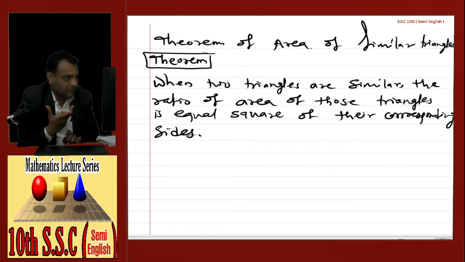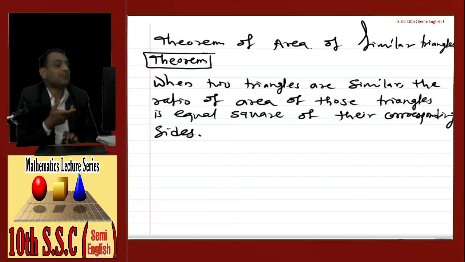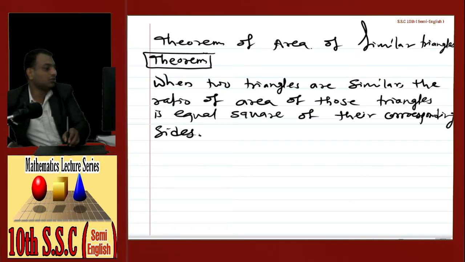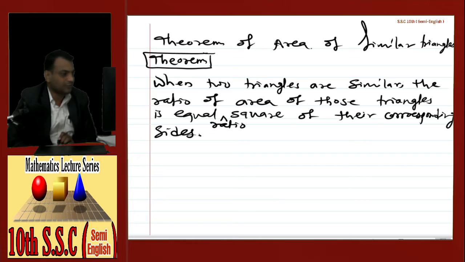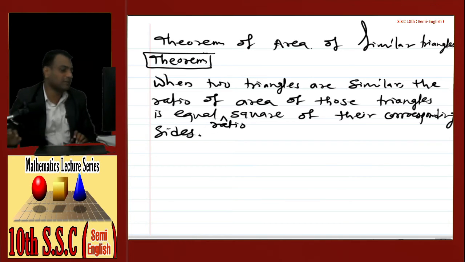When two triangles are similar, the ratio of the area of those triangles is equal to the square of their corresponding sides. Ratio of corresponding sides.